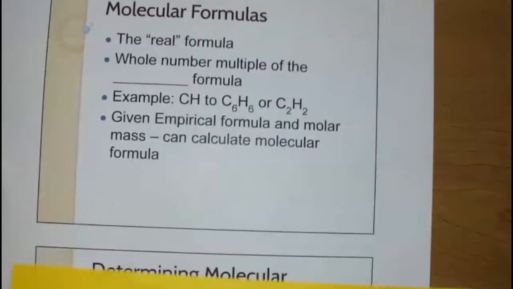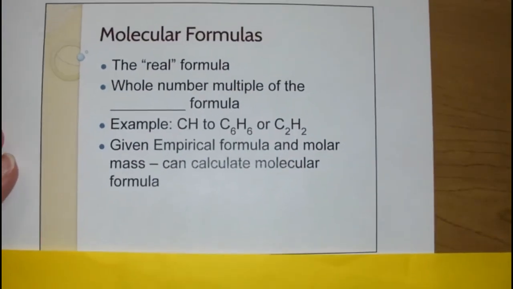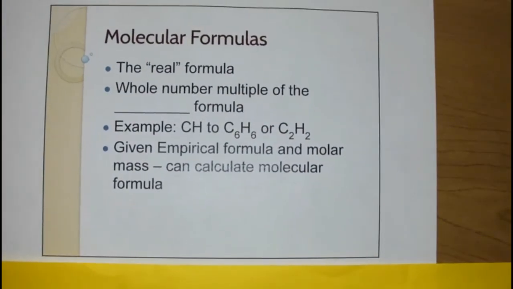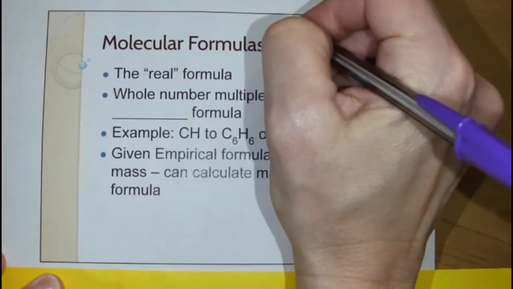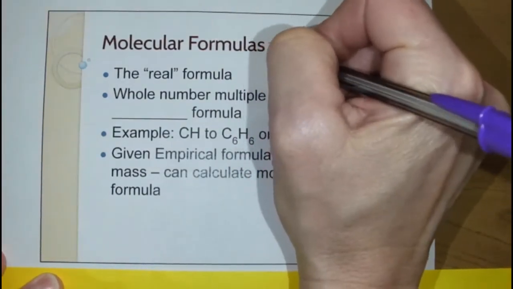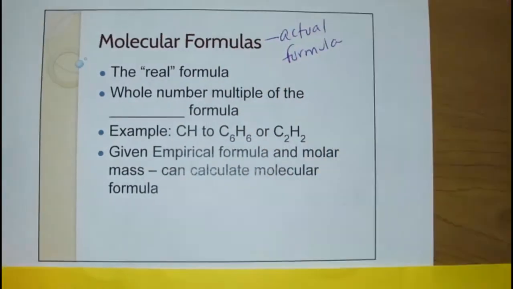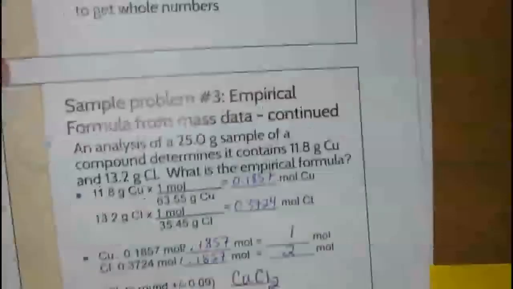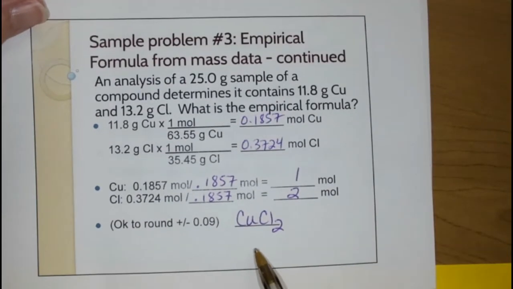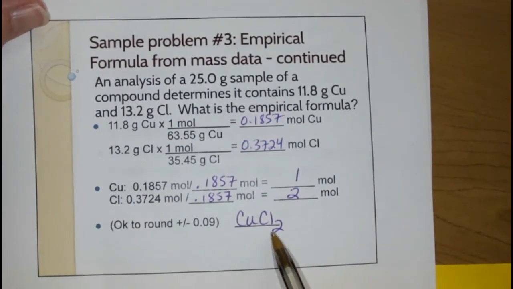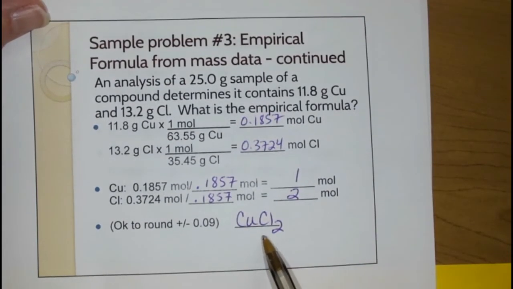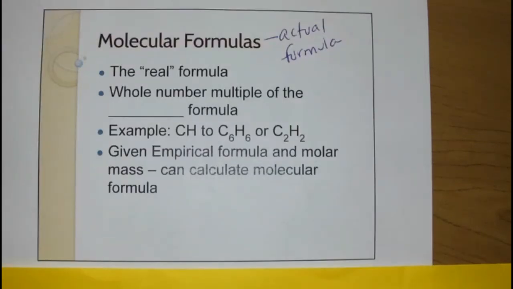All right. So the empirical formula is the lowest whole number ratio. Many times the empirical formula and the molecular formula, or what we're going to call the actual formula of what we're talking about, are the same thing. Like when we did this example back here with copper chloride, this is copper 2 chloride, and that's the empirical formula. That is also the molecular formula for copper 2 chloride. They're the same thing. Sometimes there's a difference.